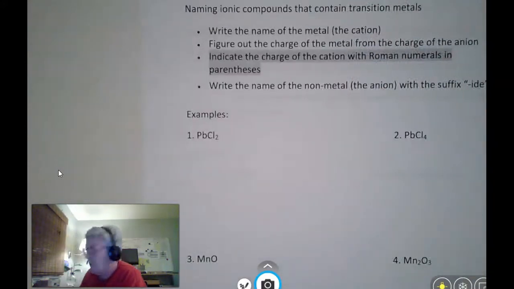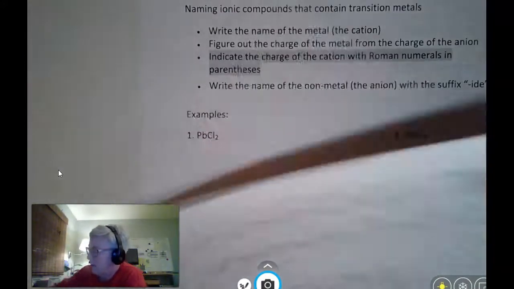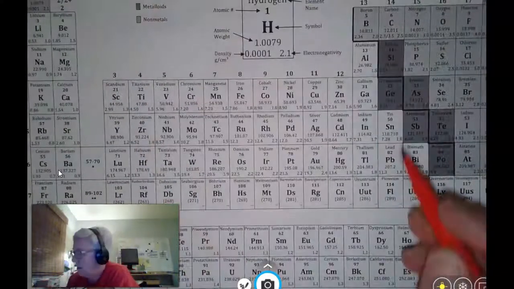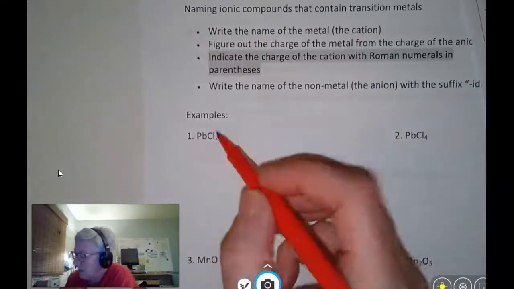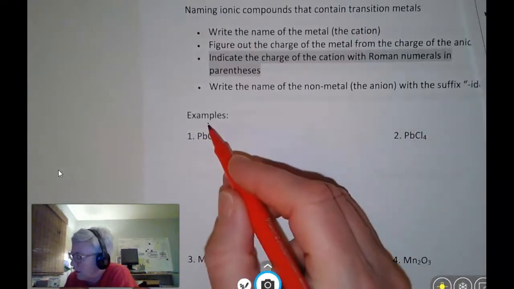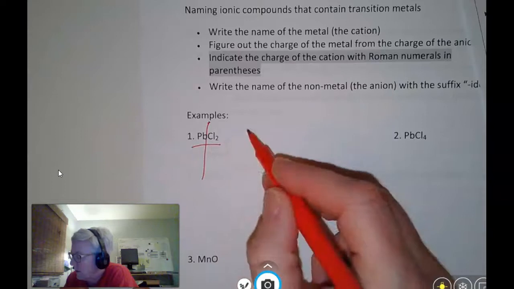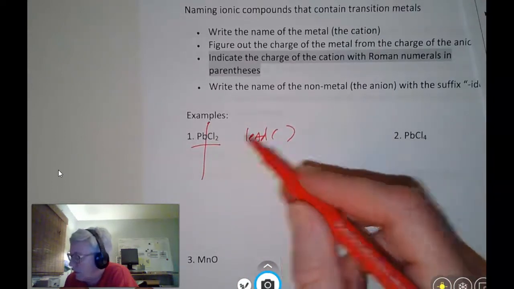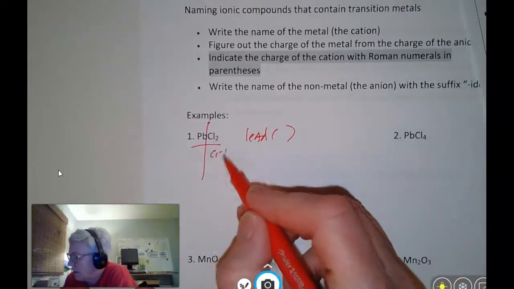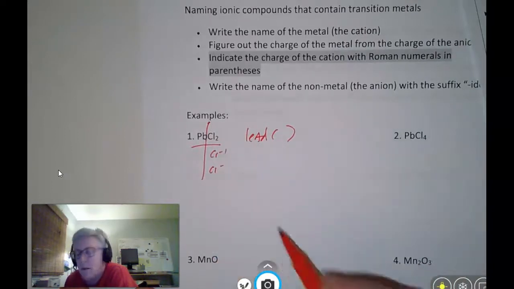All right, Pb is right here. So Pb is lead. All right, so I'm going to call this lead something, because I know I need a Roman numeral, and Cl is chloride, and it has a -1 charge, and I have two of them.